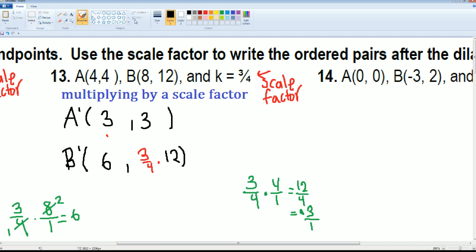And let's do that on the side as well. 3/4 times 12 over 1. What's 3 times 12? Well, I can simplify this first. This becomes 1, this becomes 3, because I took out a factor of 3 from both. 3 times 3 just becomes 9. So this is just 9.